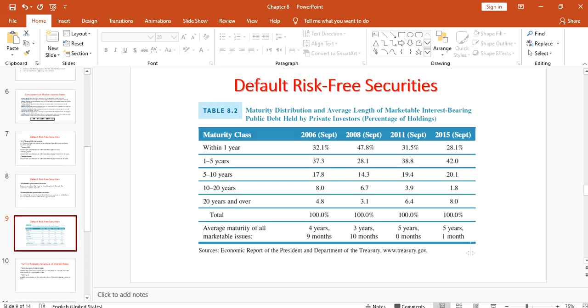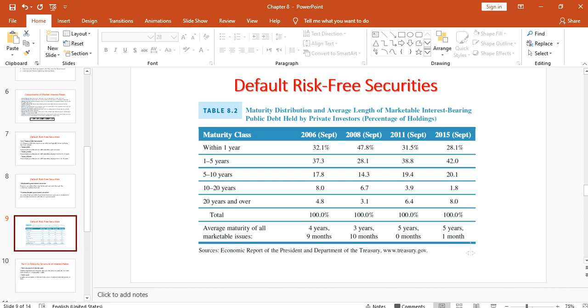Okay? This shows us the default risk-free securities in terms of maturity. So 32% in 2006, okay? 32% of the bonds were Treasury bills. 37% was the Treasury notes from 1 year to 5, and 17% was from 5 to 10 years, and so on.